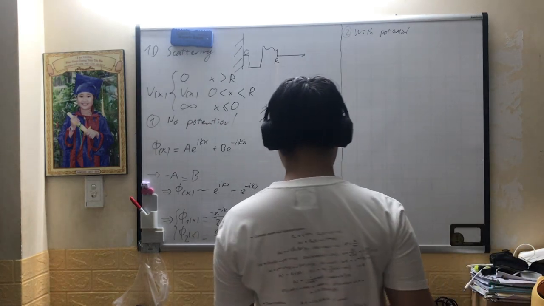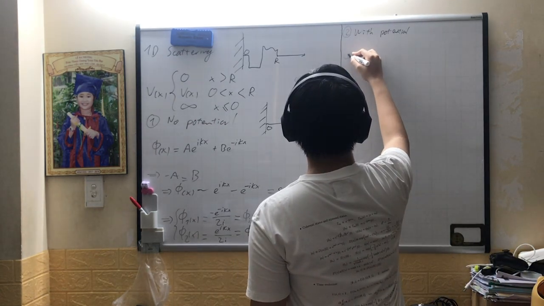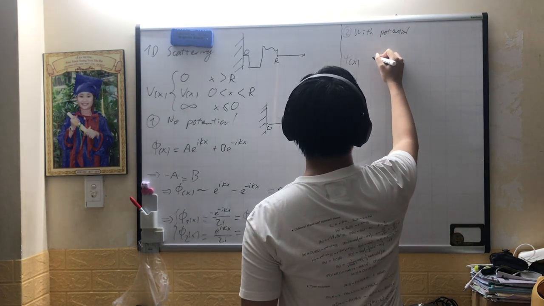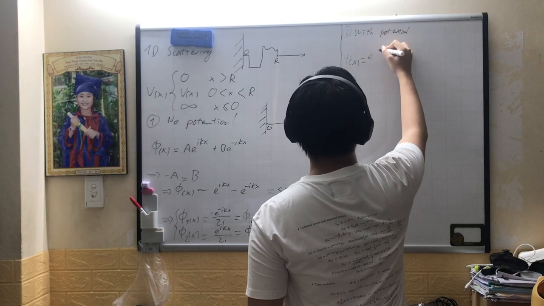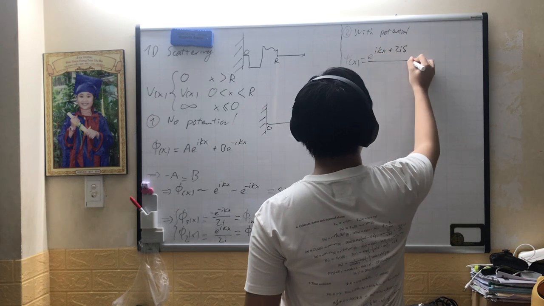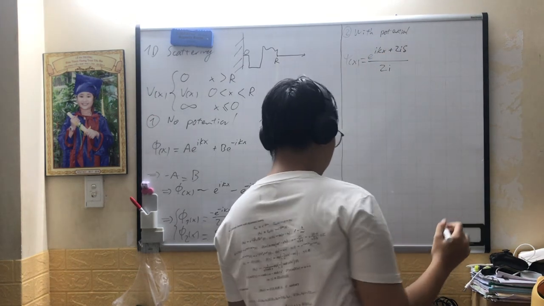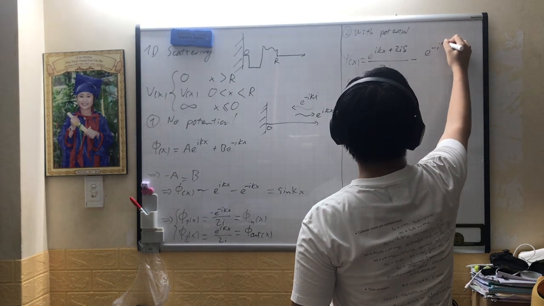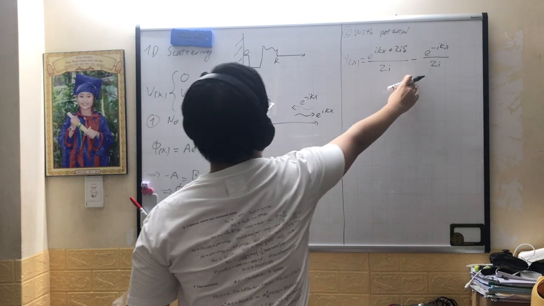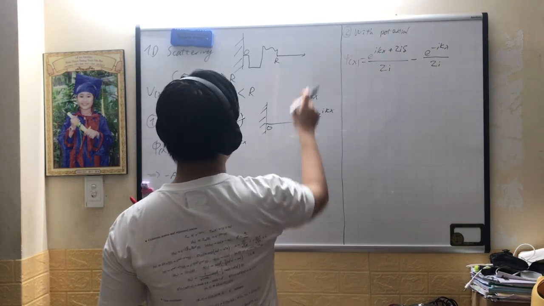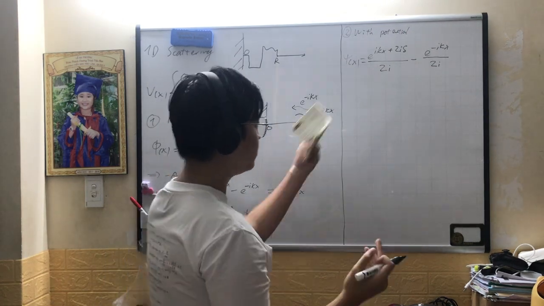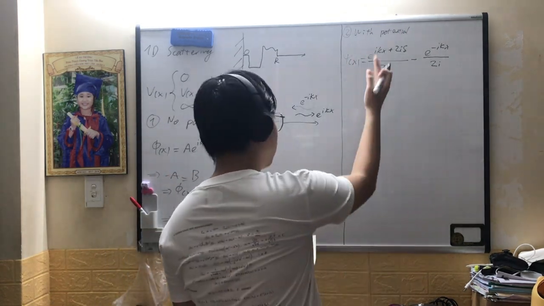And your wave function, now I write as psi, would be e^{-ikx} over 2i, minus e^{ikx} with 2i delta, over 2i. You see this part stays the same as when you send it in, but when it bounced back, it would have a phase shift as shown here.